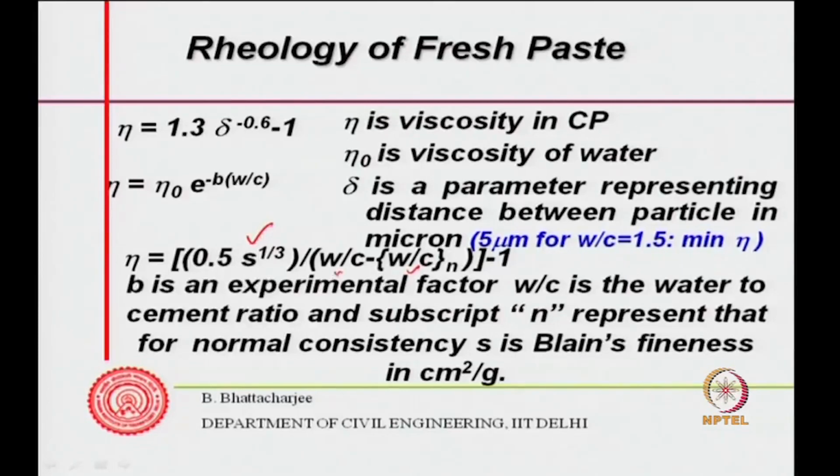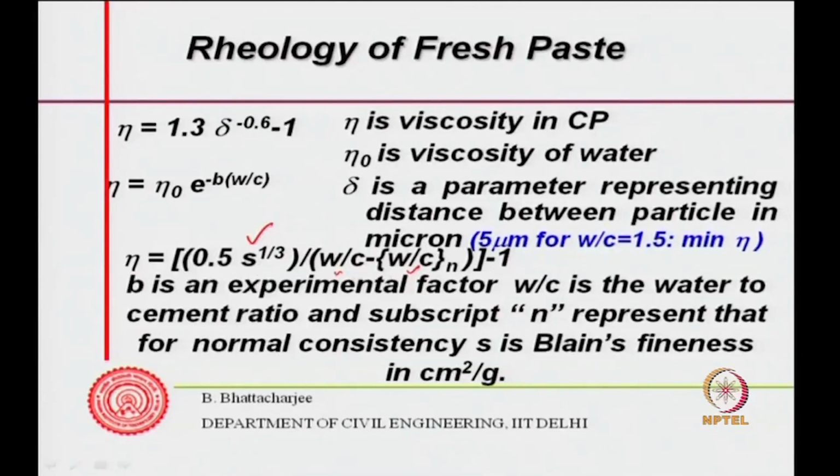If you add more water than this, that is the difference. If you add more water than this, this term will reduce above normal consistency, and if this reduces, viscosity will increase. First of all, Blaine's fineness, finer, viscosity will increase.